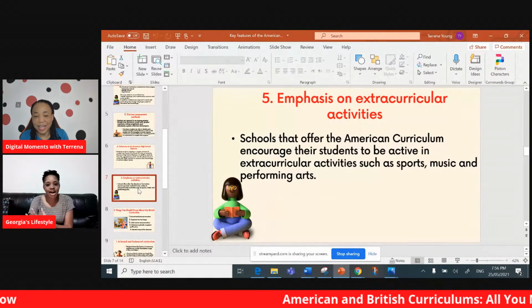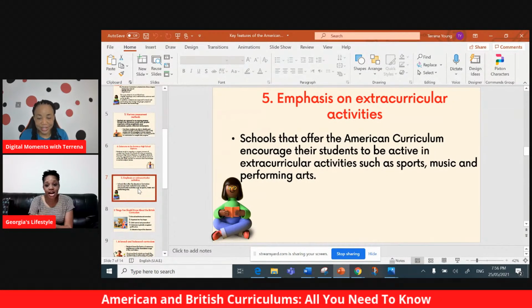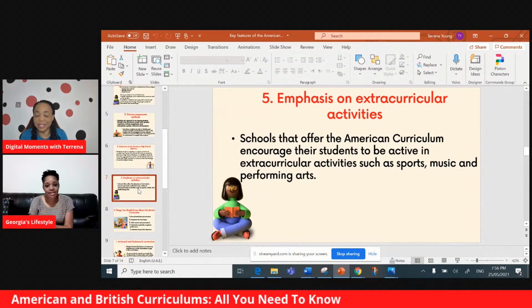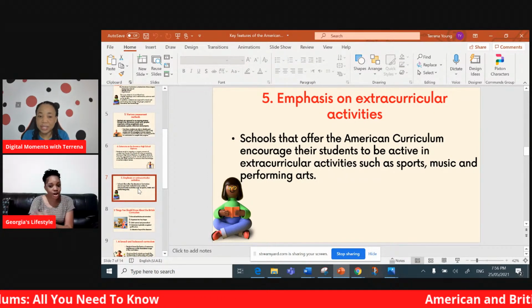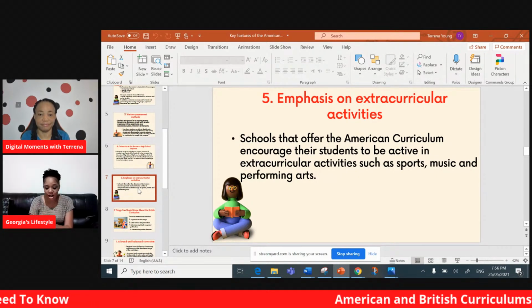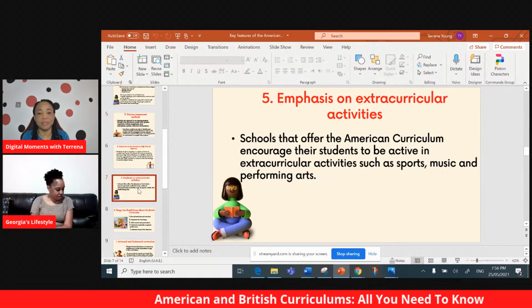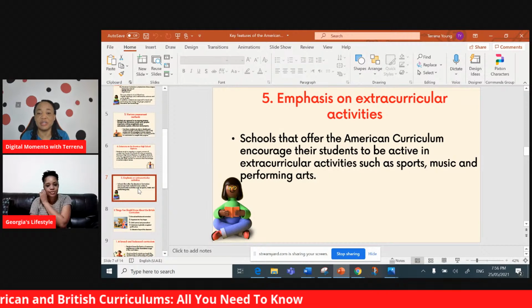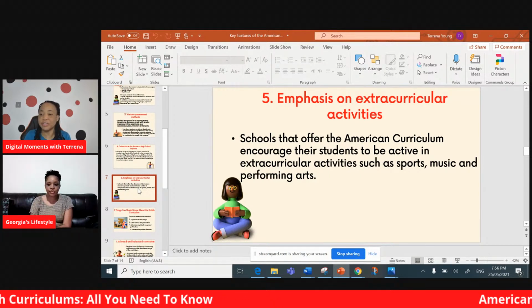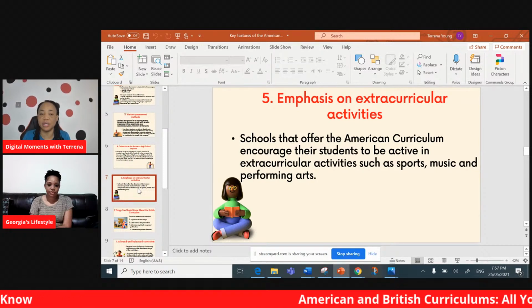Girl Scouts, cadet, football club, music, debate, speech, drama, art club. So emphasis is placed on the extracurricular activities, and this spills over into the classroom as well.